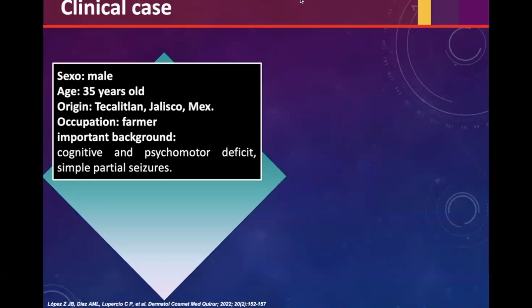This is the case of a 36-year-old male patient, a farmer, originally a resident of Tecalitlán, Jalisco, Mexico. He came to my office due to diffuse alopecia accompanied by numerous scabs, purulent and serous discharge, and more than 10 years of evolution, intermittent and exacerbated 2 months ago.